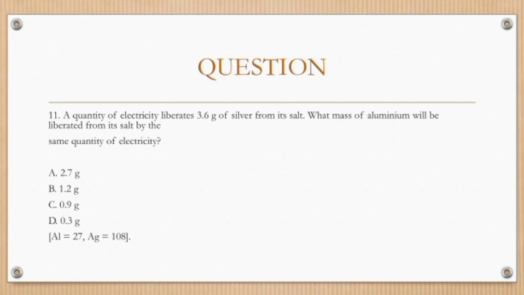When it is a monatomic element, you know that 1 is attached to it; when it's diatomic, 2, and triatomic, 3. In this question, aluminium is a triatomic element, 3 plus, and silver is a monatomic element.